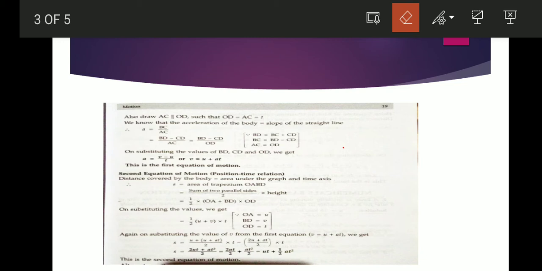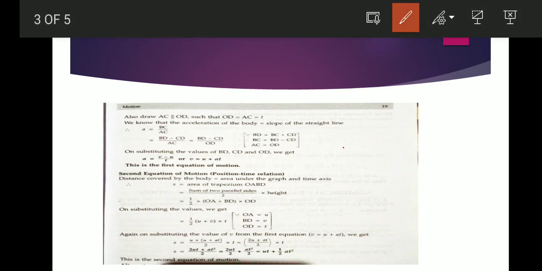If you rearrange acceleration, velocity and time, it will be v is equal to u plus at. This is the first equation of motion.